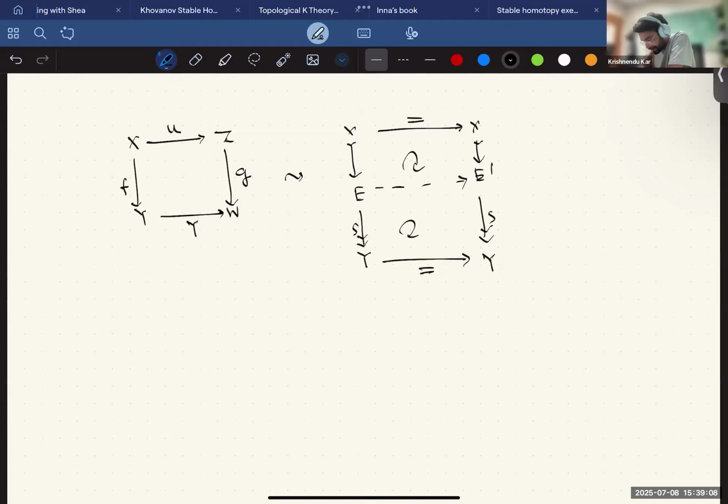Okay, yeah, I have to clear that out then. This is my task: the necessity of functorial factorizations in the definition.